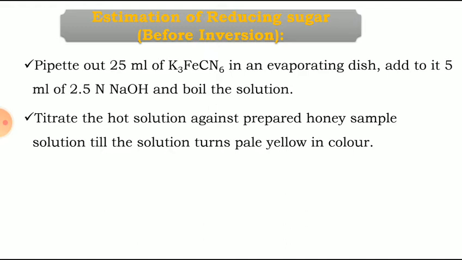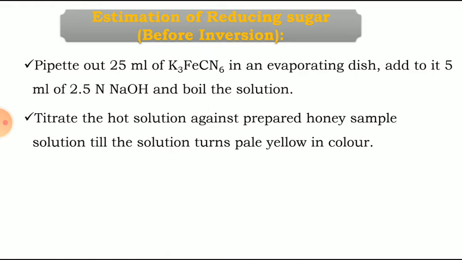What is that procedure? We have taken the evaporating dish. Into that we have taken 25 ml K3Fe(CN)6 solution and 5 ml sodium hydroxide solution. Then boil it. After boiling, we are going to titrate that hot solution against the prepared honey sample solution. We have prepared 250 ml of 10 gram honey sample solution, right?